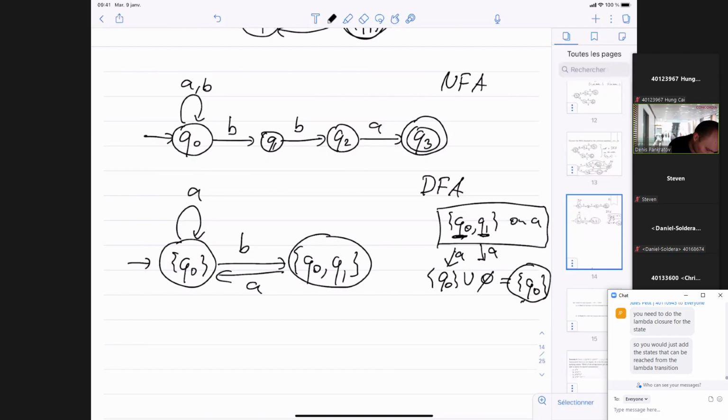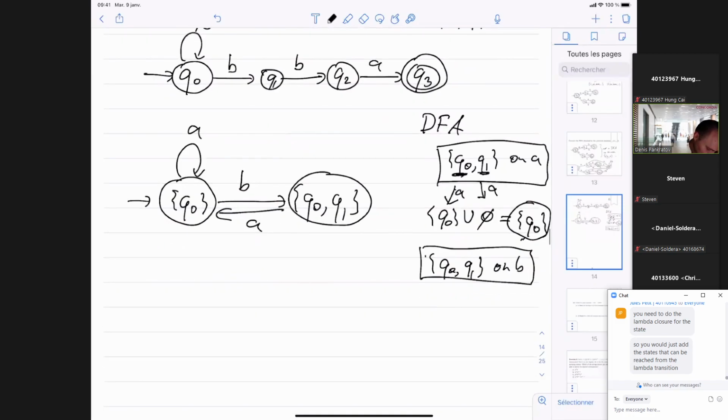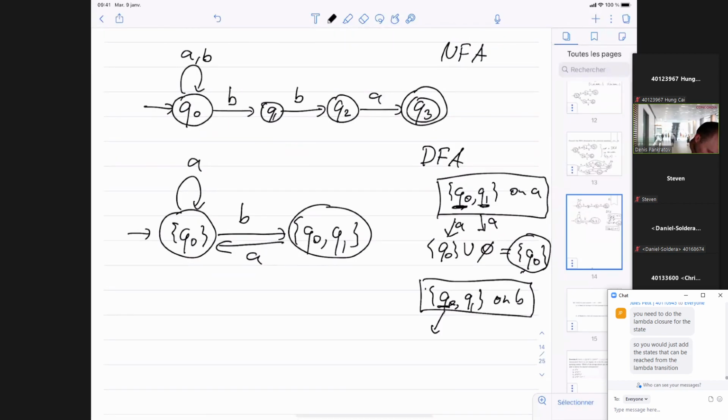Now, we also need to define an arrow from Q0, Q1 on B. We use the same procedure. We first see, what if you're in Q0 and you see B? Well, then you can transition in the original NFA either back to Q0 or you can go to Q1. So you can reach Q0, Q1. What about if you're in Q1 and you see B?